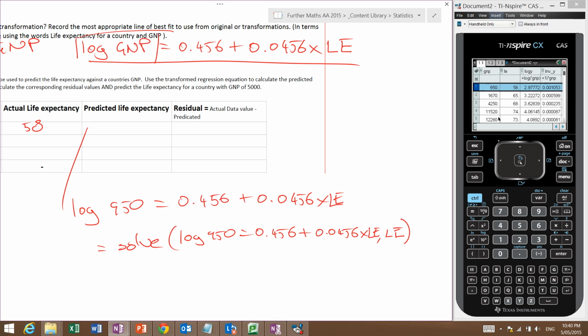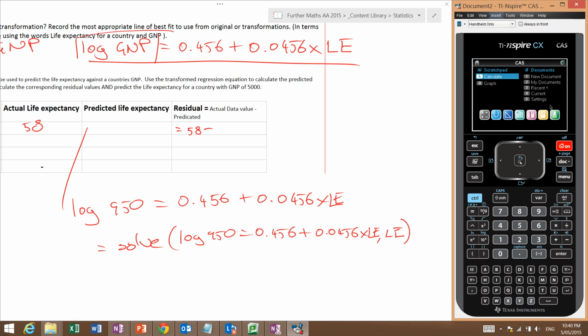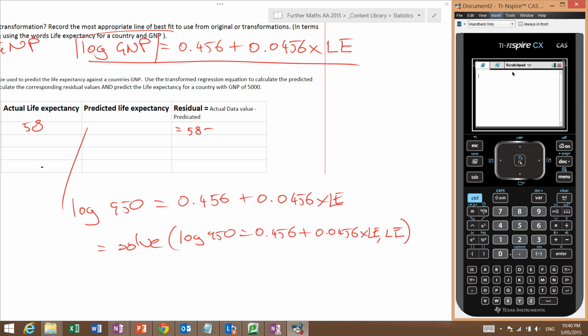Okay, so we can go back and you do this for each of those ones, and that'll give you your residual. So your residual is going to be equal to 58 minus whatever I get in this value here. So let's go back to home screen. We're going to calculate for this.